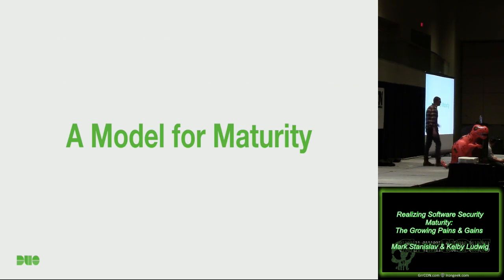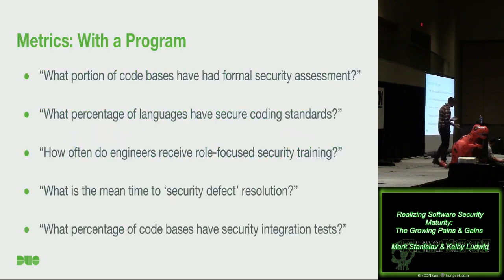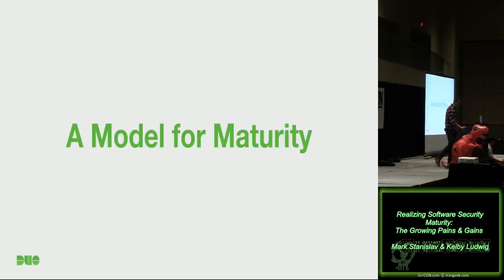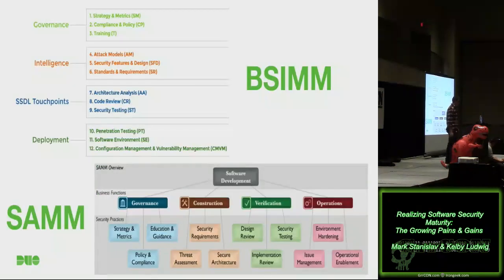There are a lot of metrics here. You could start with an empty list, with individuals on your team, and come up with a good basis for what a program might look like and have all these metrics over time. But really, that's starting from scratch, and there are existing models that help form this program.